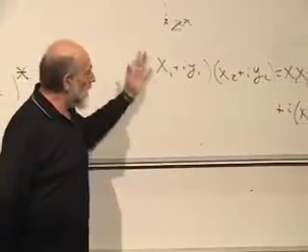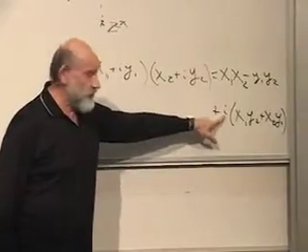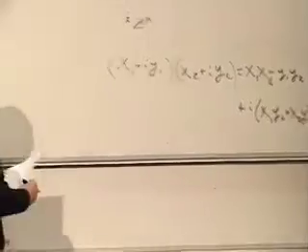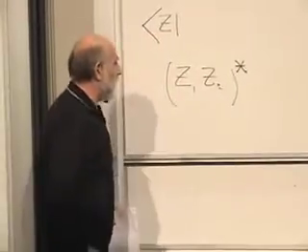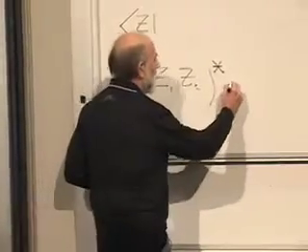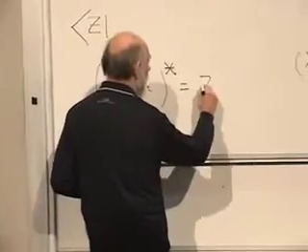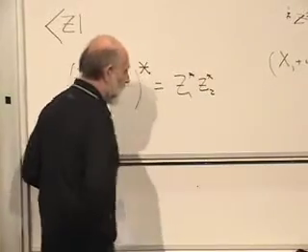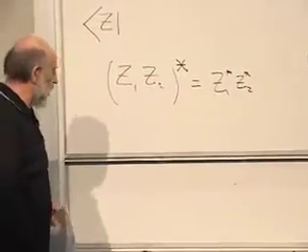You work your way through this, and it will just change the i, nothing else. The simple lemma is just that the complex conjugate of z1 z2 is z1 star z2 star. In other words, you multiply the complex conjugates.